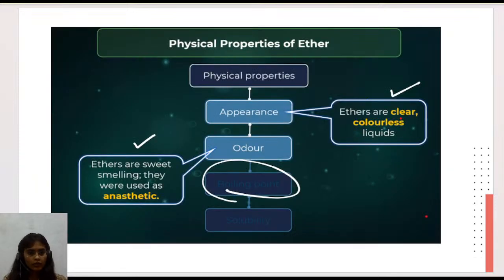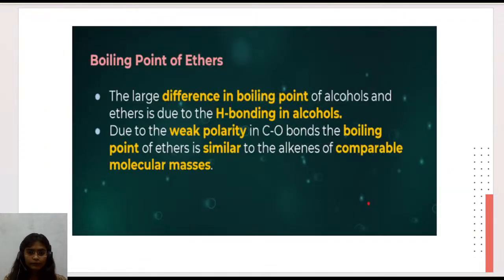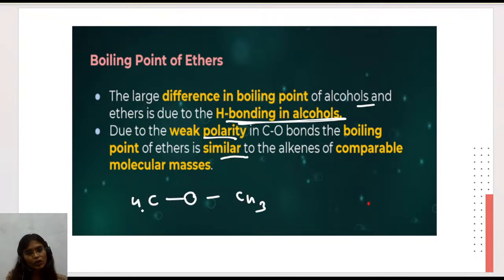Okay, so boiling point. Look at this, what is written here. The difference in the boiling point of the alcohol and ether is due to the hydrogen bonding in alcohol. And due to the weak polarity in the C-O bond, the boiling point of the ether is similar to the alkene system. Means if we are checking for the polarity, oxygen is present there, but in this case polarity is not that high. Because there we have a lone pair, and it's a bent shape.